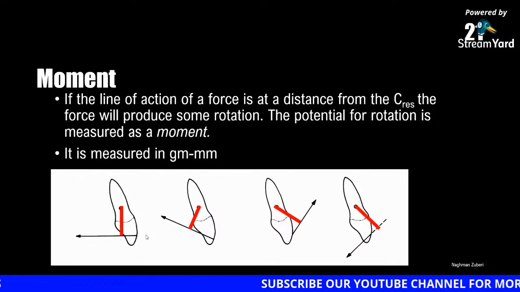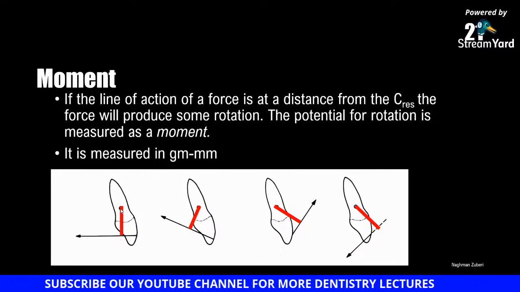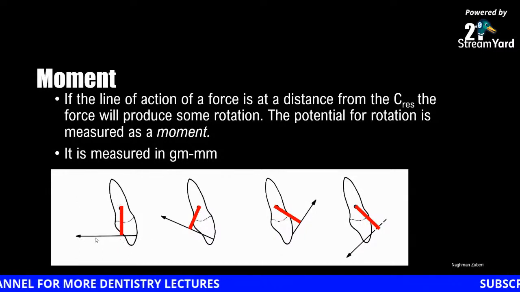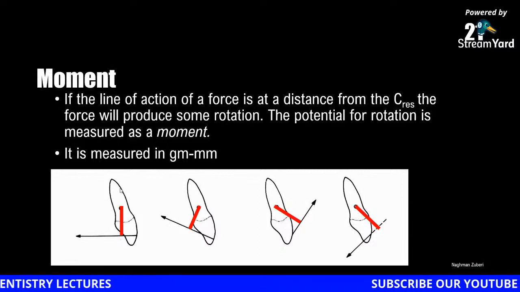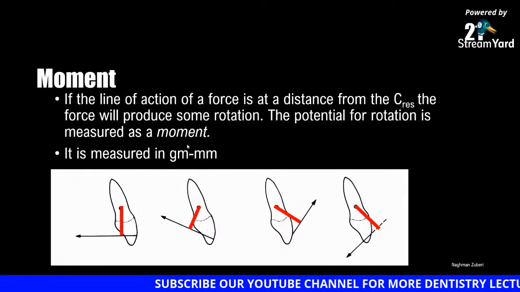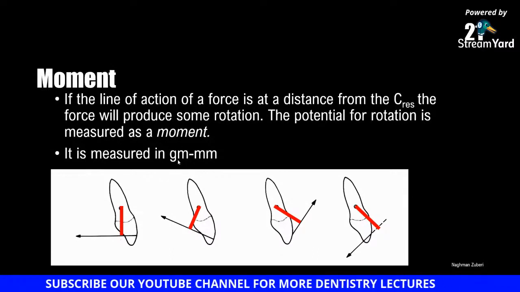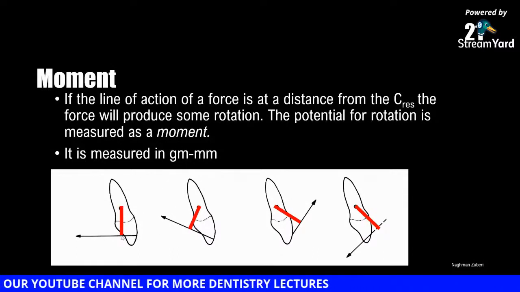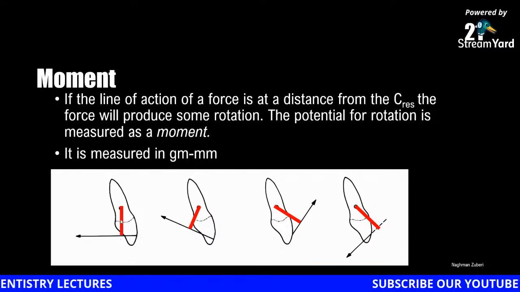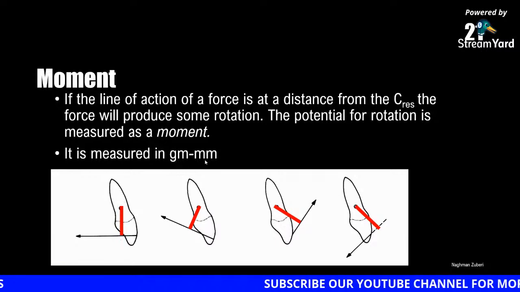Moment is a force, and which force? Which is not passing through the center of resistance, which is at a distance from the center of resistance, that is called a moment. So the amount of the force, as I told you, we calculate it in grams, and the distance of the point of application of that force from the center of resistance, that is actually gram millimeter.